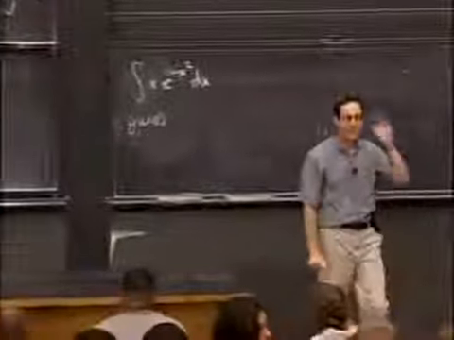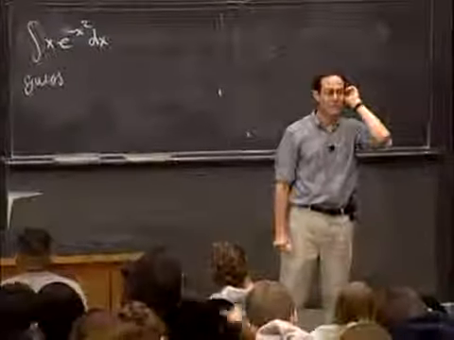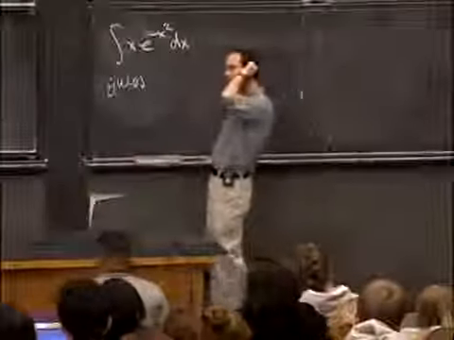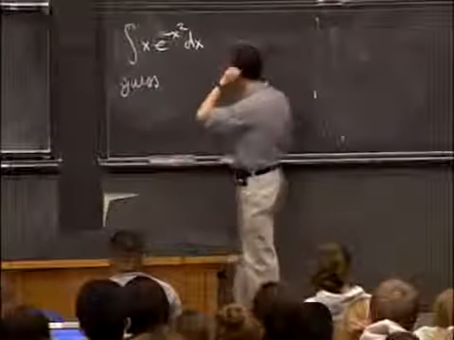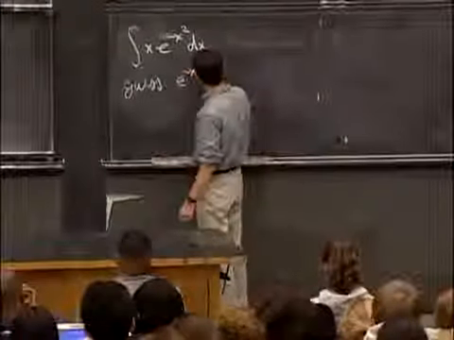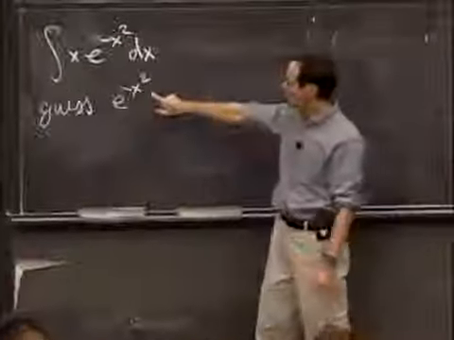Anybody have a guess? Yeah, go ahead. Yeah, so you're already one step ahead of me because this is too easy. When they get more complicated, you just want to make this guess here.